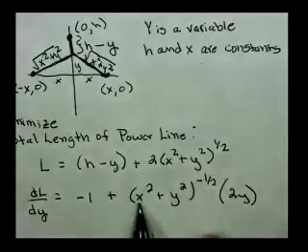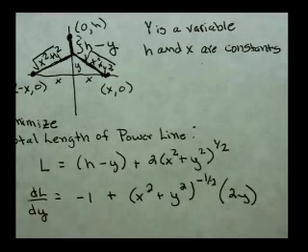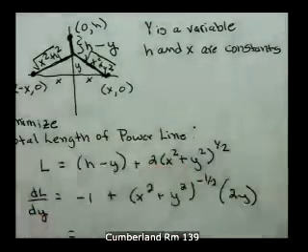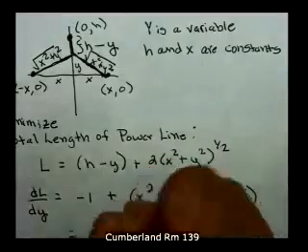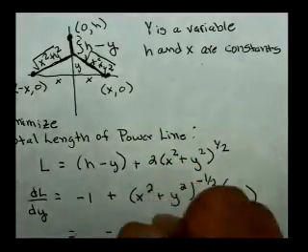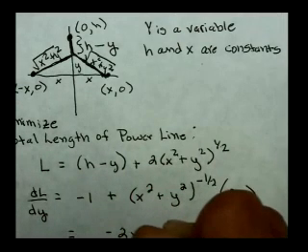Because X is a constant, and the derivative of a constant is 0. So, let's see. That is 2Y over the square root of X squared plus Y squared.